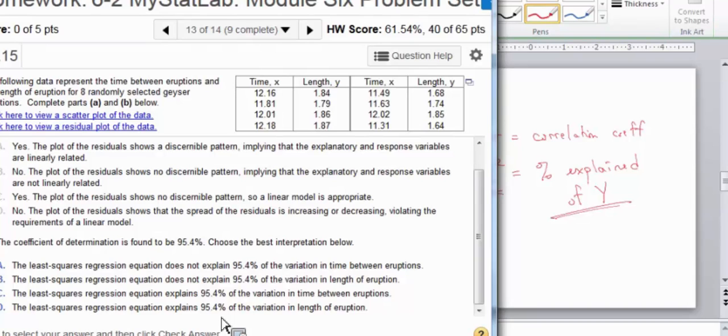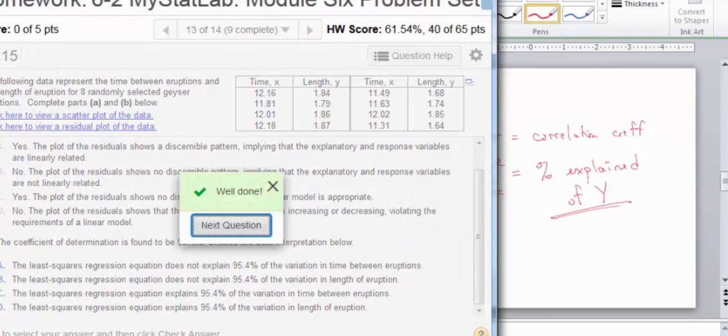A lot of times we would be happy with explaining 30, 40% if the numbers were really variable. Okay, so coefficient of determination is the percent of the variation in y, because we're always concerned about explaining y. Okay, so that was 13.